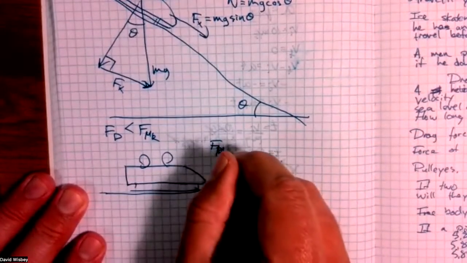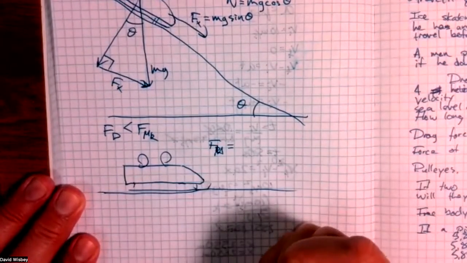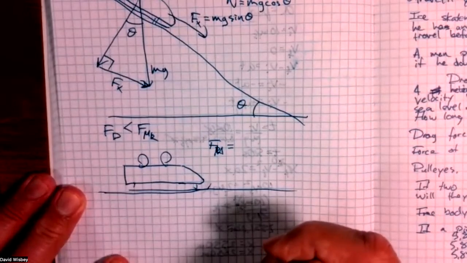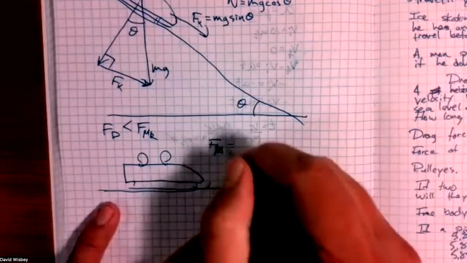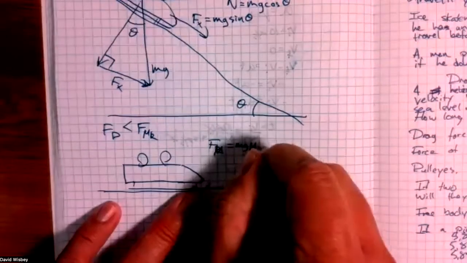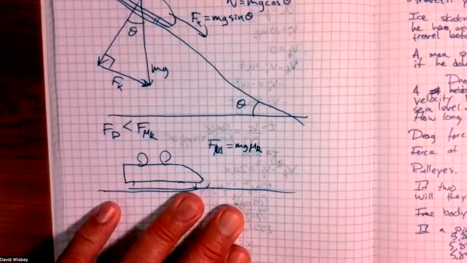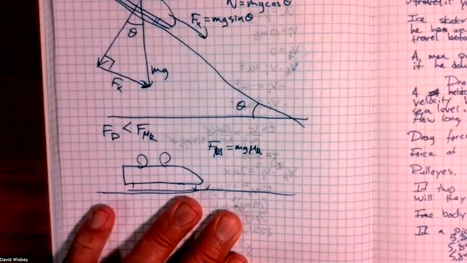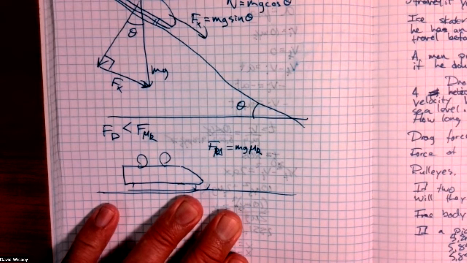And what is the force of friction equal to? We said it before. It was mg times mu k, right? And then how could we find our acceleration from this force?